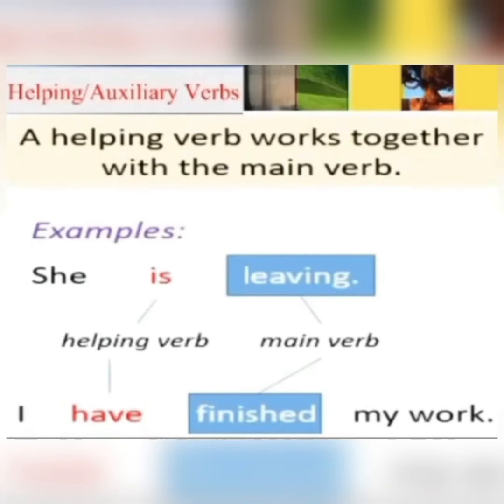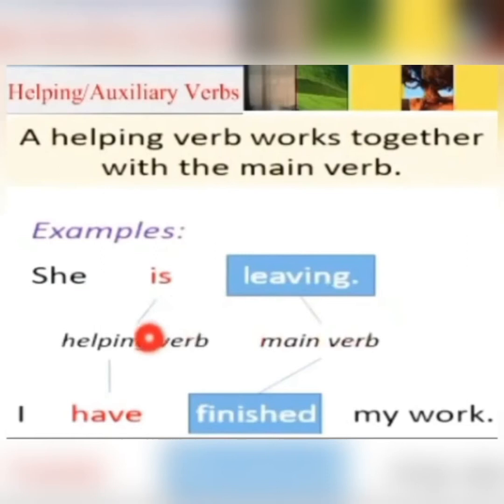She is leaving. Now here, leaving is the main verb and is is the helping verb. If I avoid the use of is, if I hide it, what is the sentence? She leaving. No sentence, right? Because the complete idea is not there. But with the help of the auxiliary verb is, she is leaving, the complete idea is there and it becomes a complete sentence.